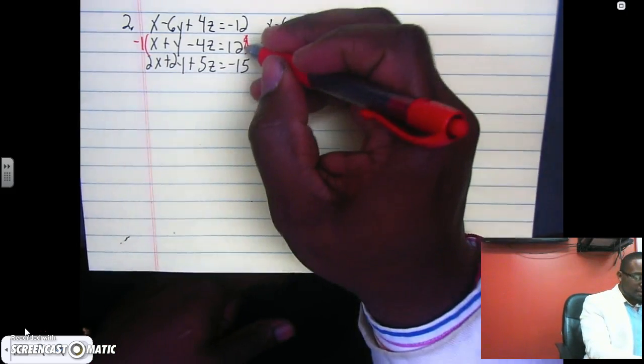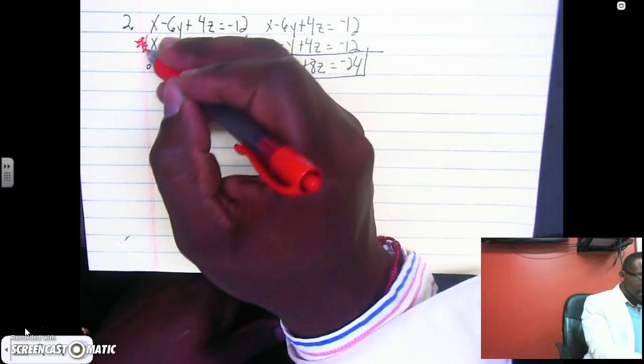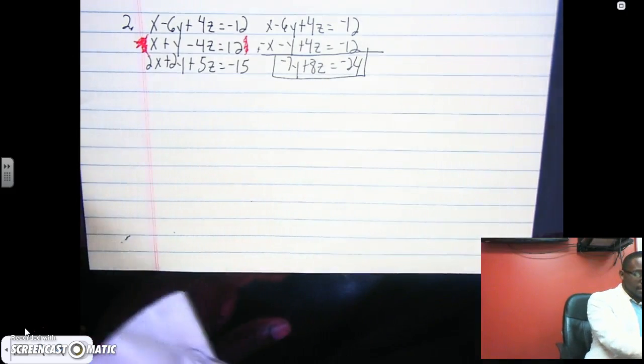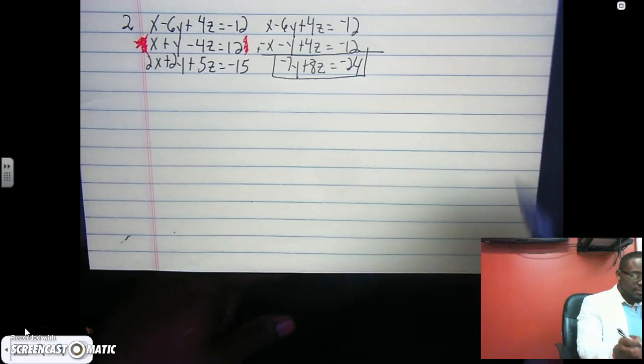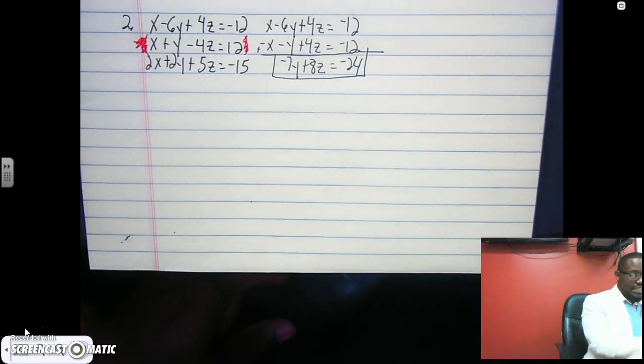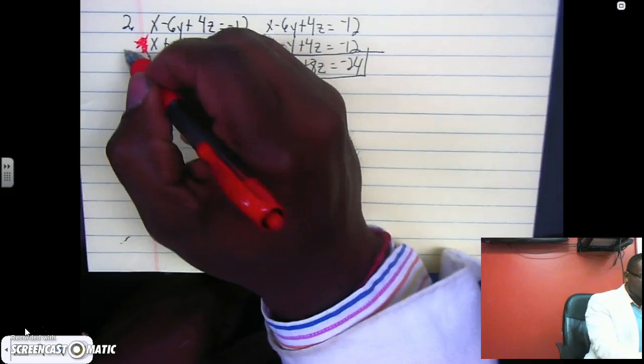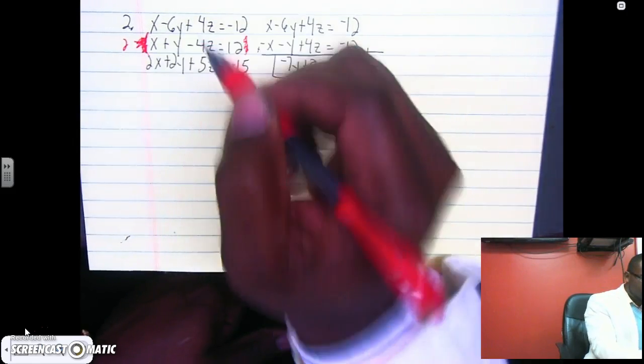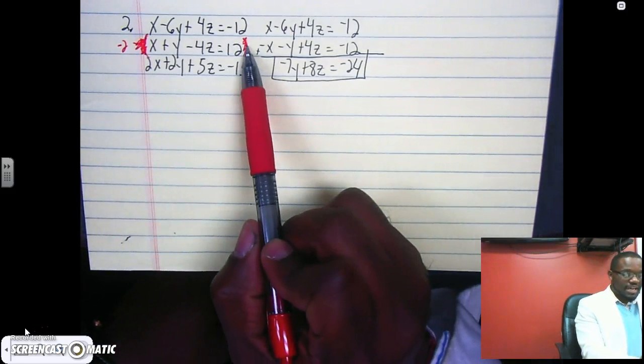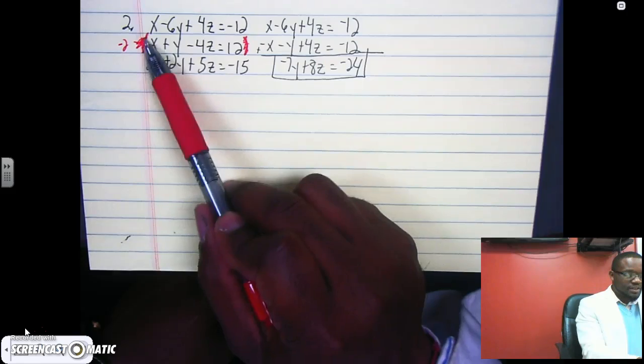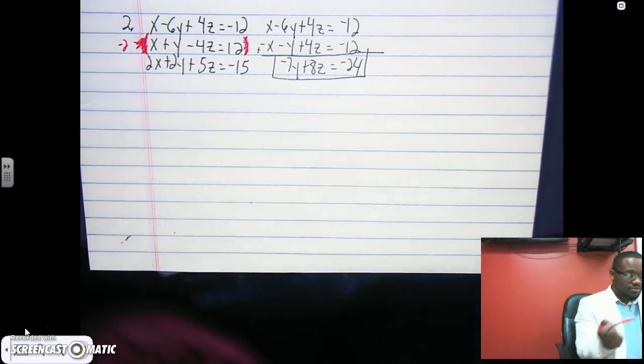And I am going to eliminate my x's. In order to do that, I need to multiply this equation by negative 2. So I scratched that out. I hope it's not confusing, but I don't need that original number for this equation. Now I'm restarting.